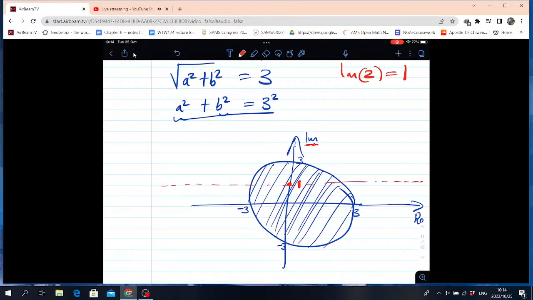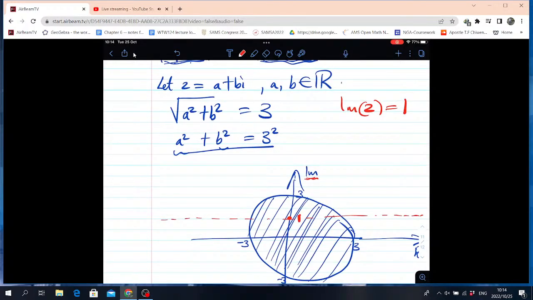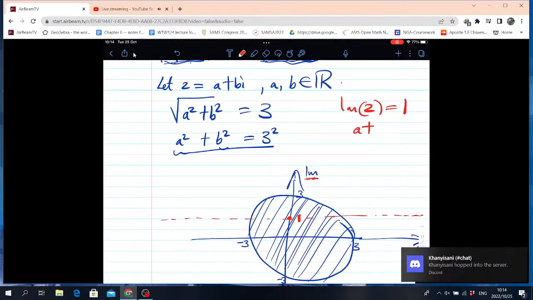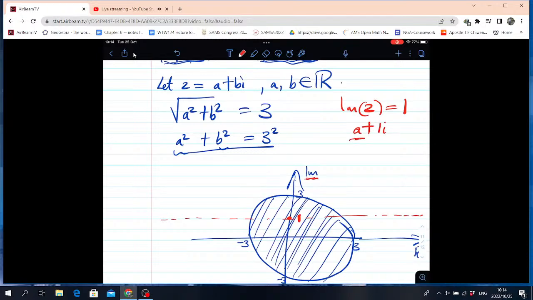These are the points where the imaginary part of Z is equal to 1. Basically we want complex numbers of the form a plus 1i, right? So a can be anything. If you think about the real axis, it can be anything, but the only condition is that the imaginary part should be equal to 1.